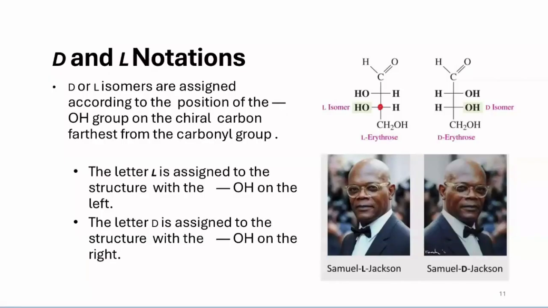Then for that chiral carbon, which is the farthest away from the carbonyl, since I have my OH pointing to the left, that is the L version of erythrose. Now, if I'm trying to see what is going to be the enantiomer of that molecule, then what I'm going to write is the mirror image of L-erythrose.